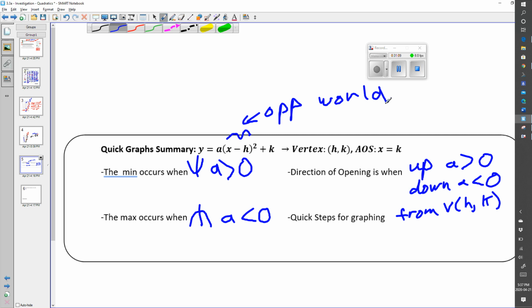So basically, from the h, k, we use the steps a, 3a, and 5a, i.e., take 1, 3, and 5 and multiply by whatever the a value is in our graph to graph it. So here are some examples.